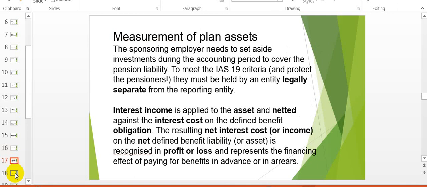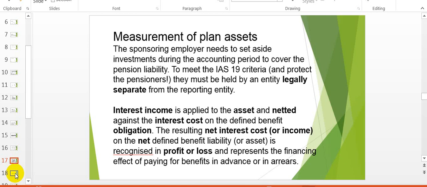We now look at the plan asset. The entity sponsoring the pension plan will need to set aside some investments during the accounting periods to cover the pension liability. The standard requires that this investment be run by a separate legal entity, separate from the reporting entity. This investment will earn interest, which will be applied to the asset.